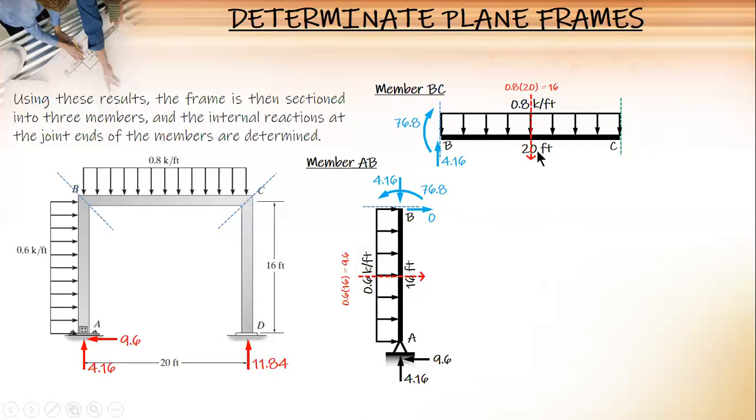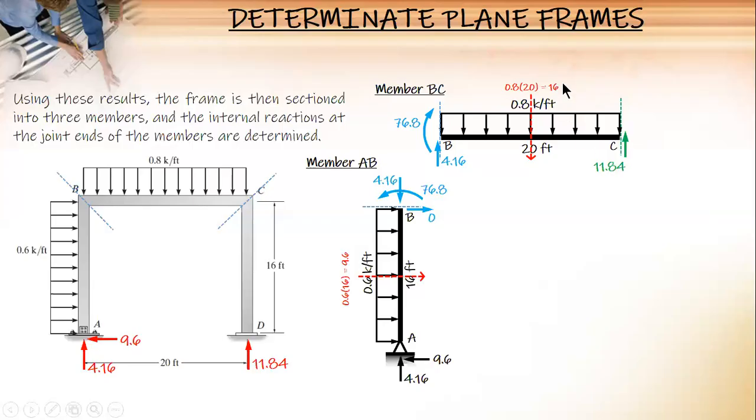So, 0.8 times 20. Remember, okay. Vertical, 16 downward, we have 4.16 upward. So, the upward is lacking, no? The value is the difference of 16 and 4.16. So, that's 11.84. So, the vertical is balanced. Moment only.